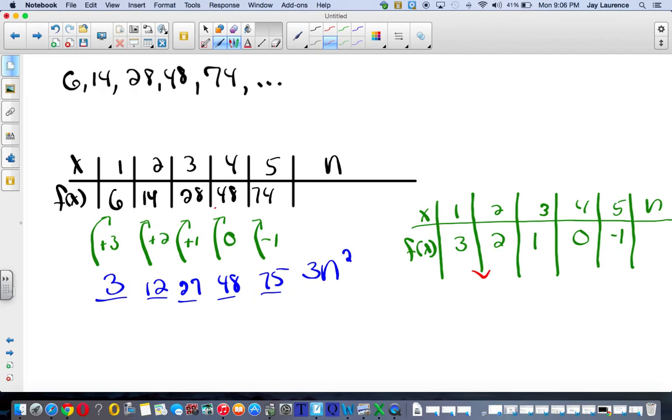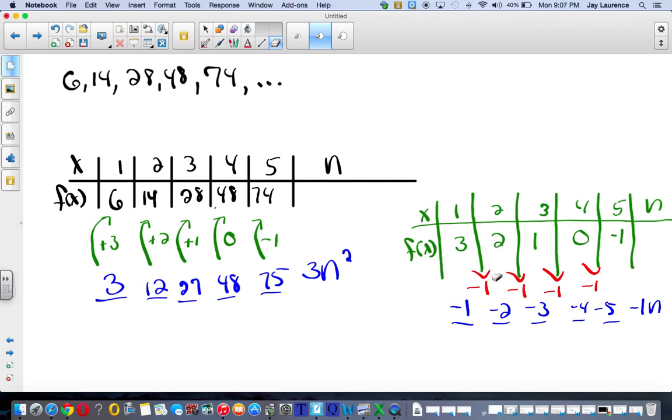Well, it looks like it's going to be minus 1 and minus 1, minus 1, minus 1. This is going to be a linear pattern. It's going to be negative 1n. And so I'll do my comparison line. And 1 times negative 1 is negative 1. Negative 1 times 2, negative 2, negative 3, negative 4, negative 5.